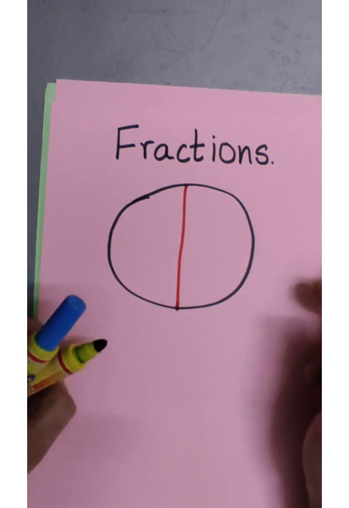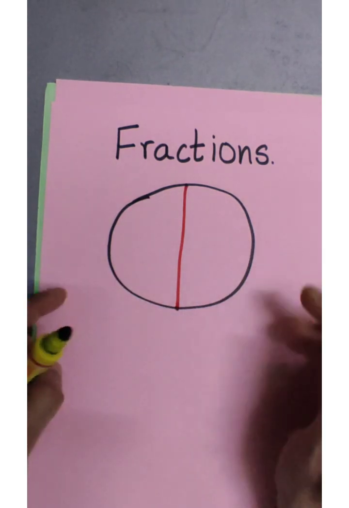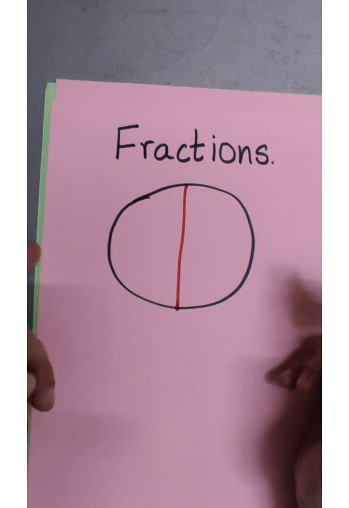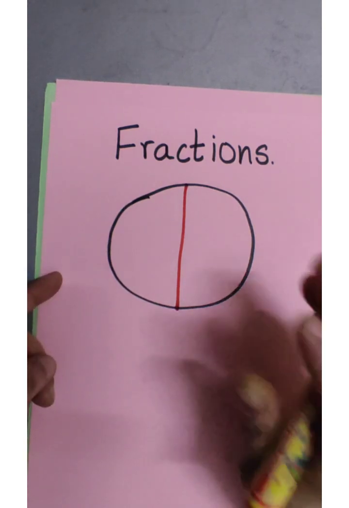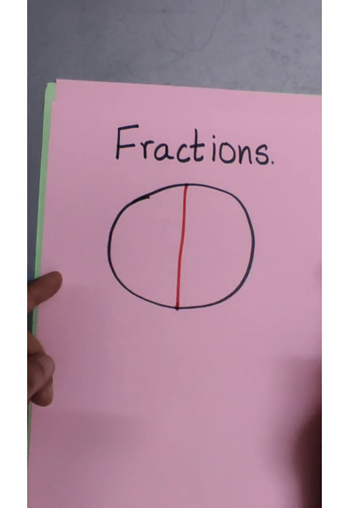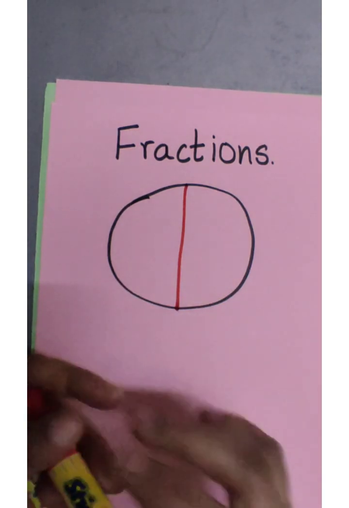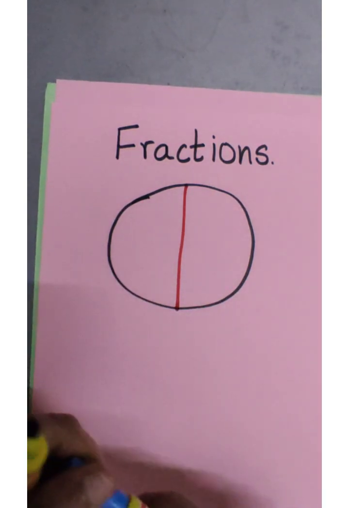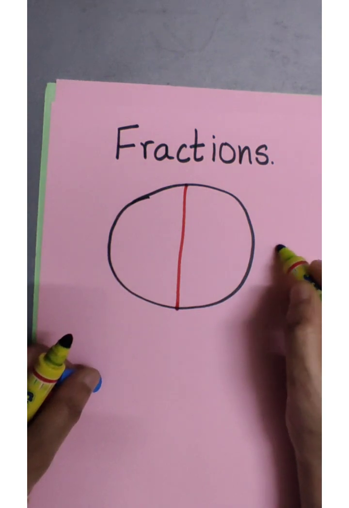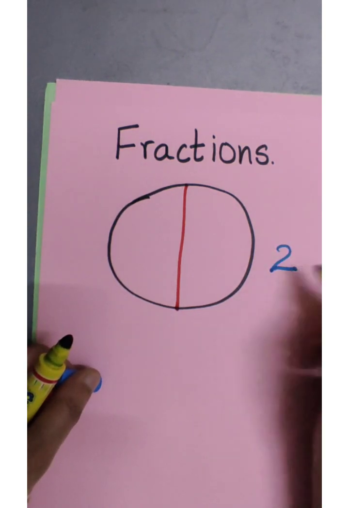That means from a whole, I have made two pieces, and one piece I am giving to somebody else and the other piece I am keeping for myself. So the number of pieces which I made is 2. So I have made 2 equal parts.